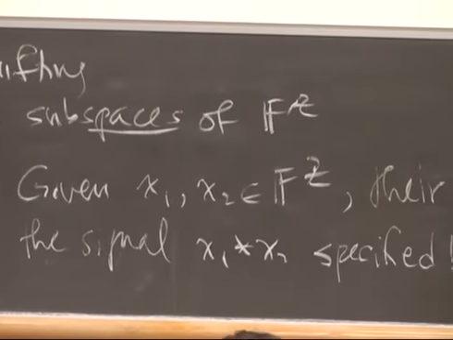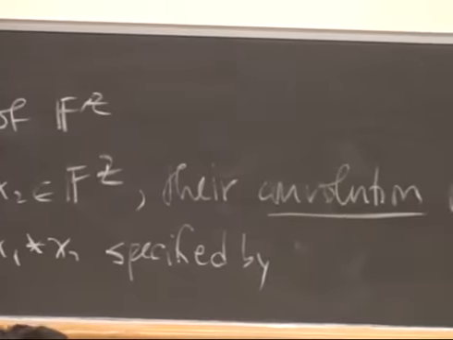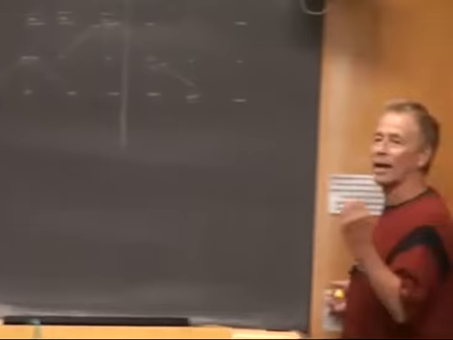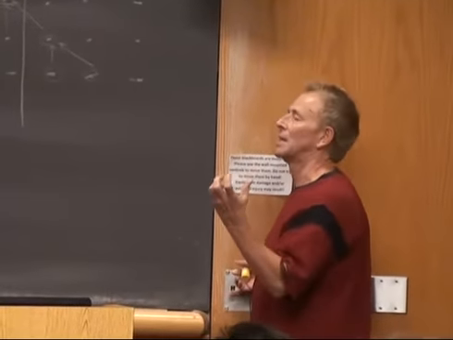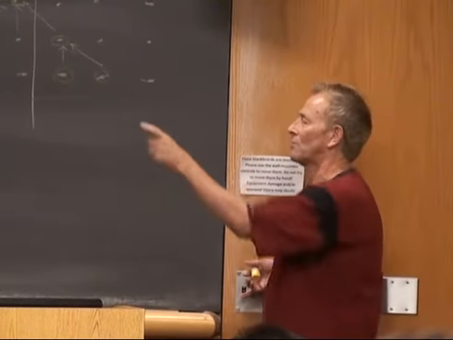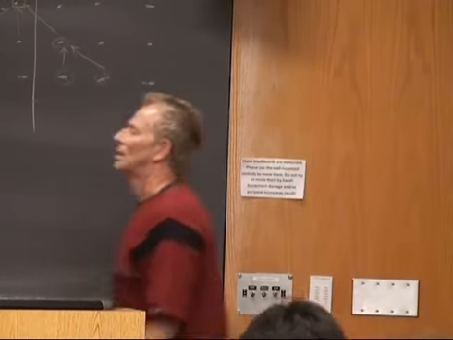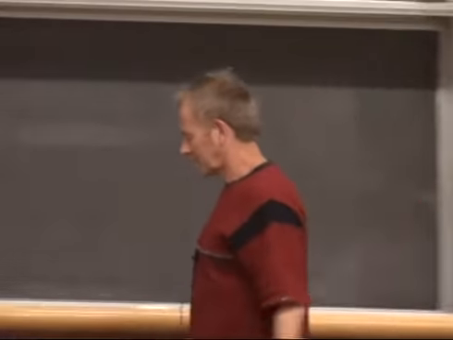And whenever we say specified by, we mean we need an expression that tells us what that signal is at every time n. And the expression for x1 convolved with x2 of n is this.